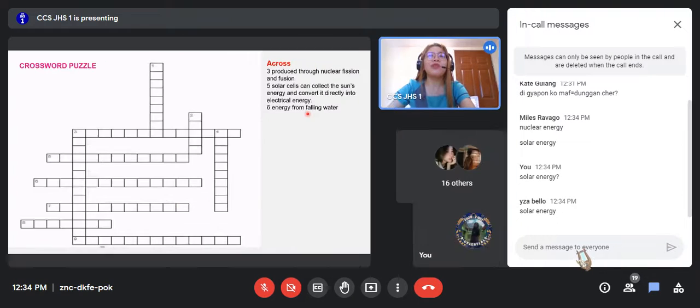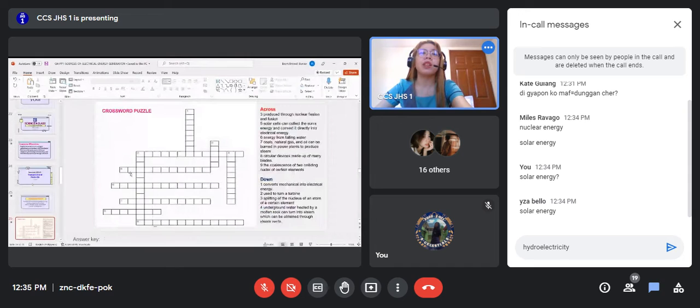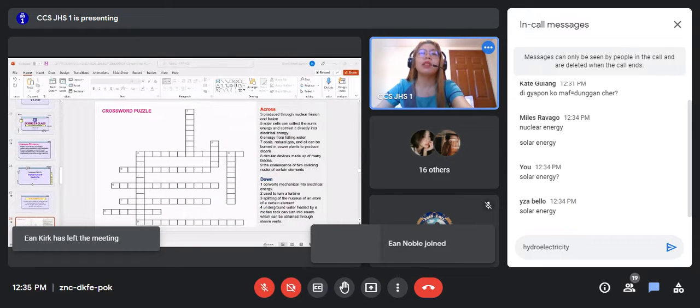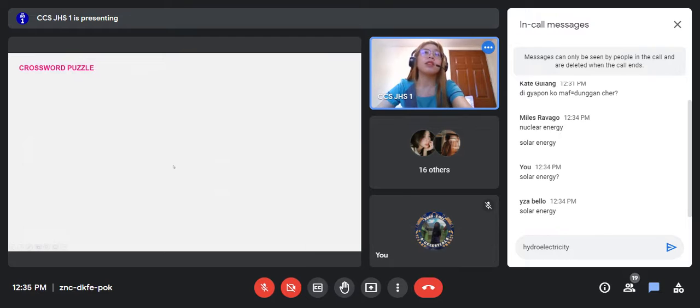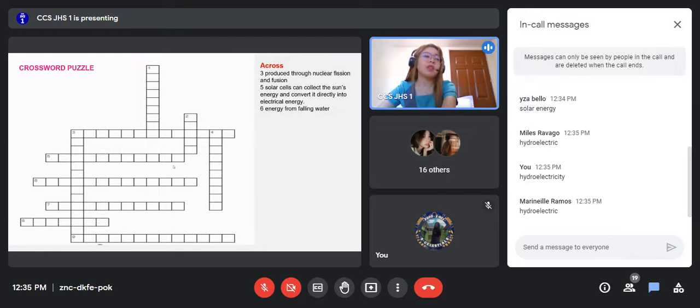Okay, next, number 6. High energy from falling water. What is this? Number 6, energy.